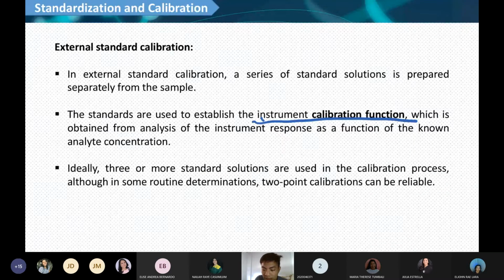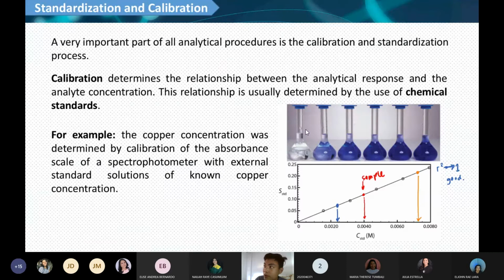Ibig sabihin, inaalam mo yung response ng instrument using external solutions, no? So, 'di ba, hindi naman ito yung sample mo. So, ibig sabihin tawag diyan external solution or external standard. Kasi hindi ito yung sample na ina-analyze mo. So, that's external standard, okay?